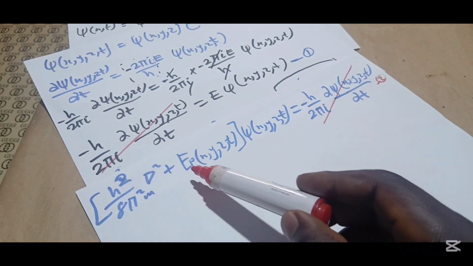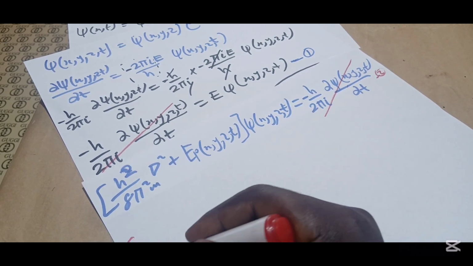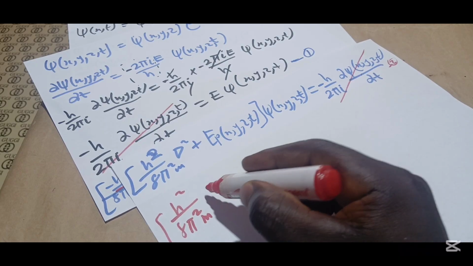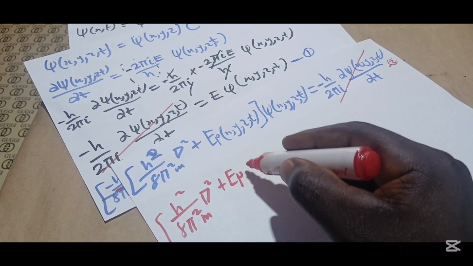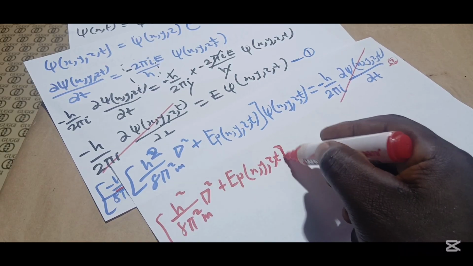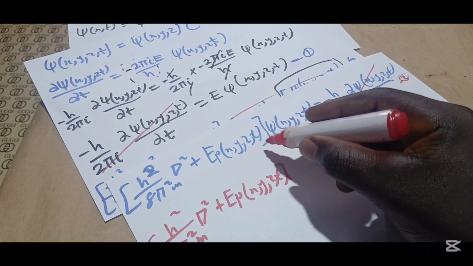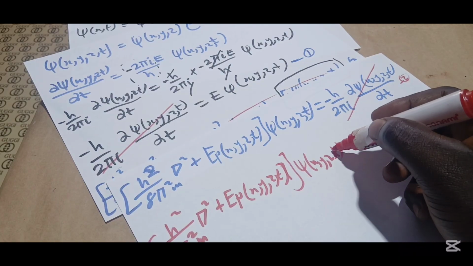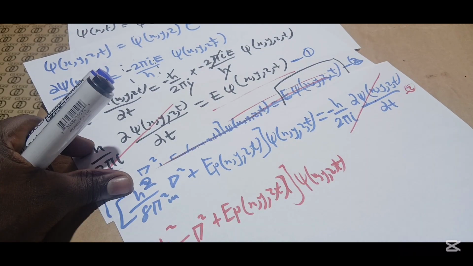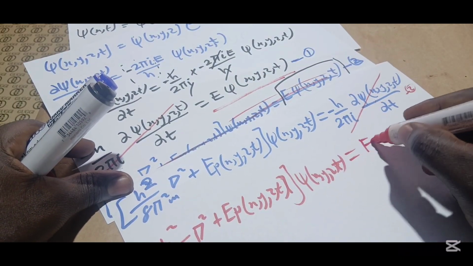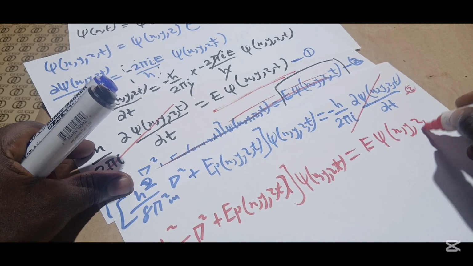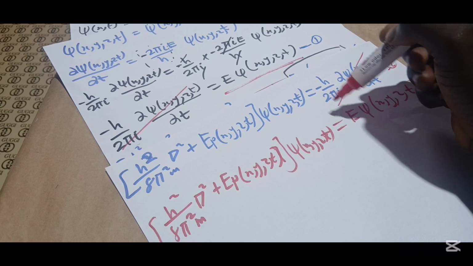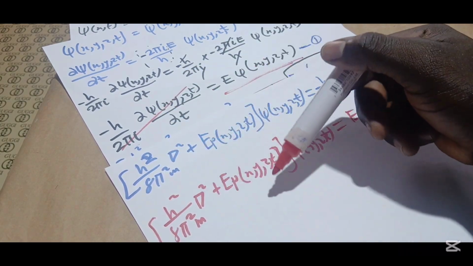This term is already cancelled, so we only have the h squared over 8 pi squared m delta squared plus EP of x, y, z, t, and the wave function psi of x, y, z, t, equal to the right-hand side of the equation, which is that. So after cancelling out, this is what we get.